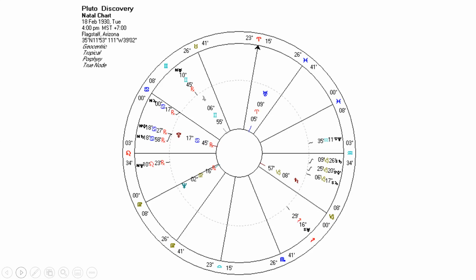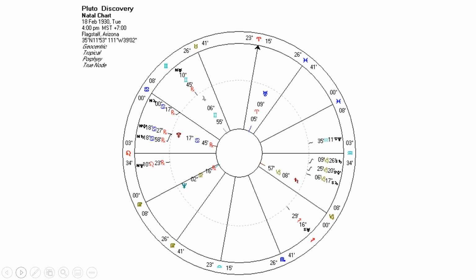Its north node was 18, and Saturn at 18 as well. So this is an intensification and an acceleration point here, the retrograde pattern to revisit and relive. This is again a suggestion of intensification along the timeline.